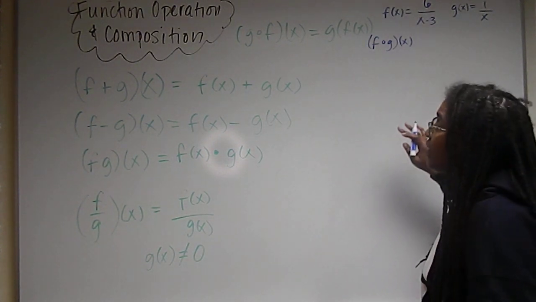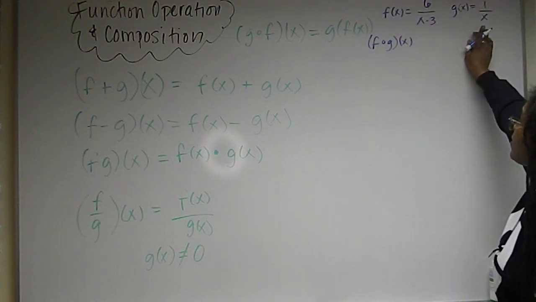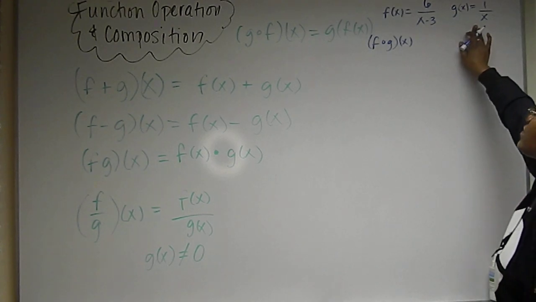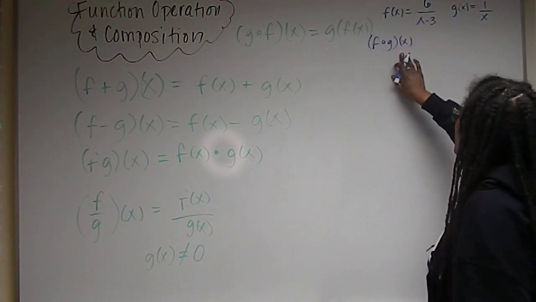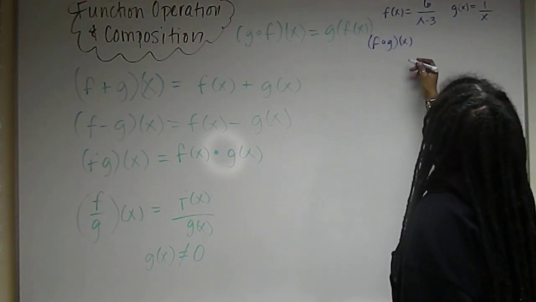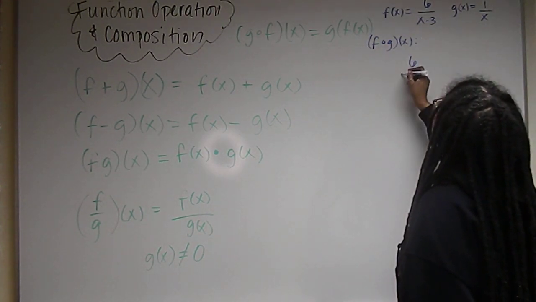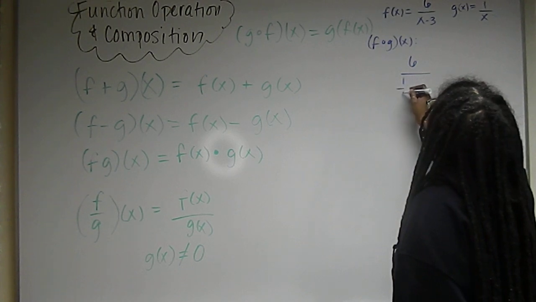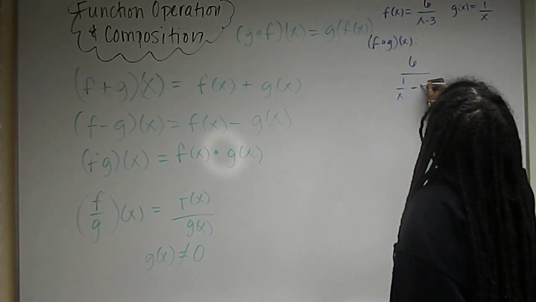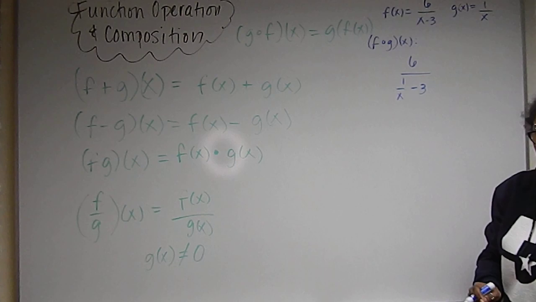It doesn't matter what it looks like. Nothing to solve for this because g of x is simply 1 over x. We're going to put that in f of x, where x is. So 6 over 1 over x minus 3. Okay?